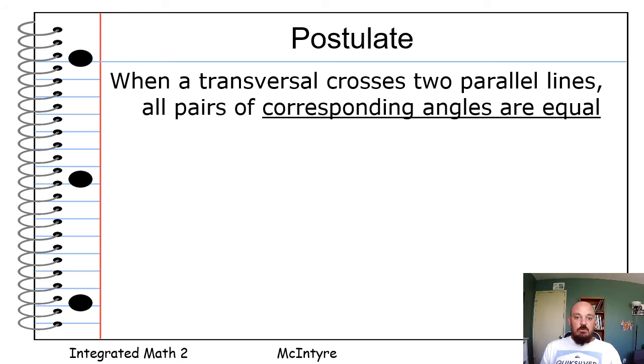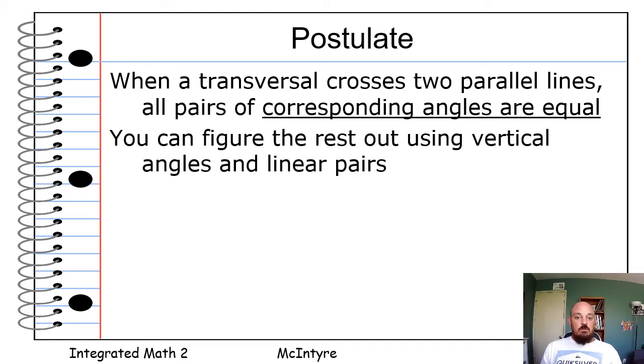And it says whenever a transversal crosses 2 parallel lines, all corresponding angles are equal. Now, that means if you combine it with what we learned before about vertical angles and linear pairs, you could find every angle in one of these pictures.